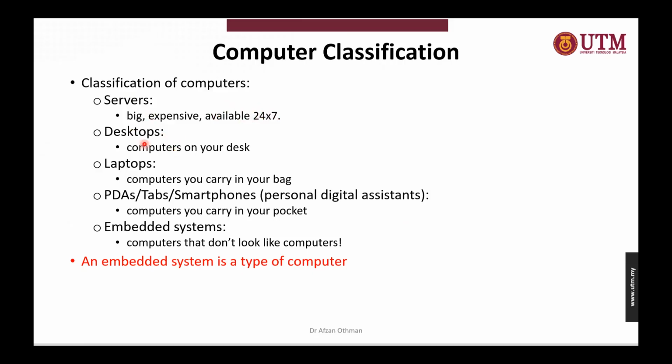Mostly you can see the desktop in the office or in the laboratories and so forth. Previously, the desktop was very popular amongst home users and in the office, but now it has already been replaced by the laptop. The laptop is the computer that we use nowadays, which you can carry on your back.